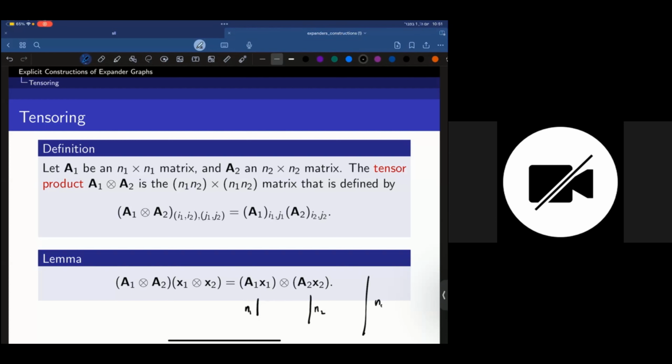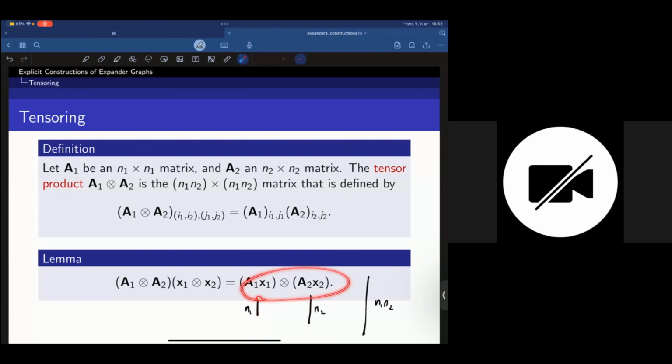Tensor them, but the product should act different than the tensor of two vectors. No, but that's the way you think about the indices. You always flatten them together. So right, A1 times X1, everything's okay there. It's an n1 dimensional vector, and this is n2 dimensional.